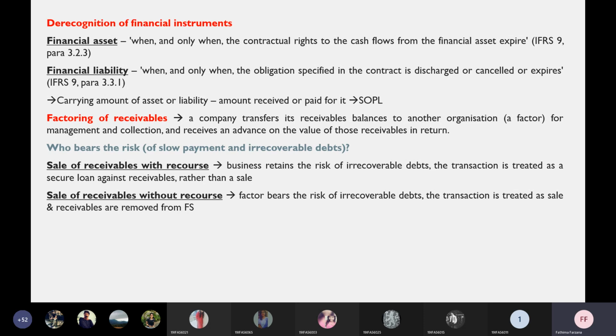You know, receivable is a debit in the trial balance, so it can either come in your asset or in your expense. If you follow this philosophy, any of your financial statements will tally. So any irrecoverable debts happening will be borne by XYZ if it is without recourse, and I will be removing these receivables from my financial statement. This is my second way of treatment.